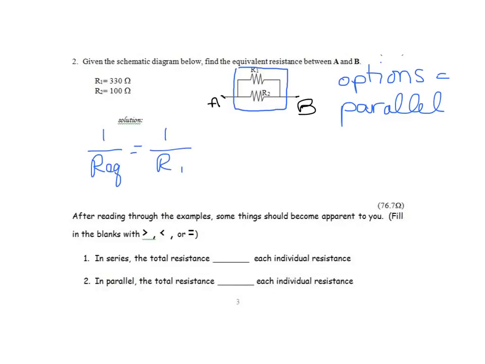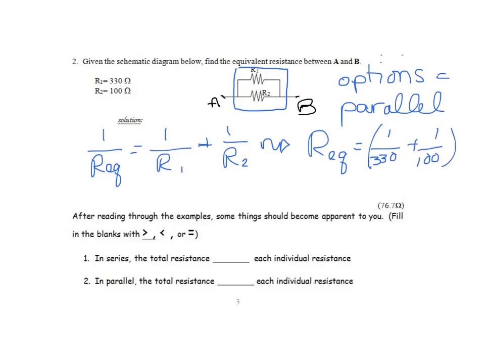It's 1 over R1 plus 1 over R2, which means the equivalent resistance would be 1 over 330 plus 1 over 100, add those two together and then take that total and raise it to the -1 power, which I am doing on my calculator right now.